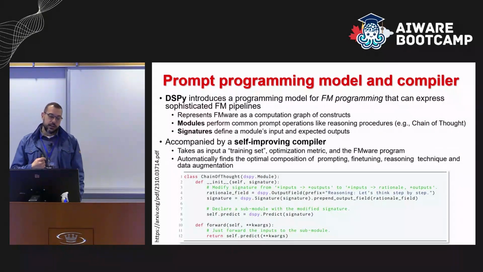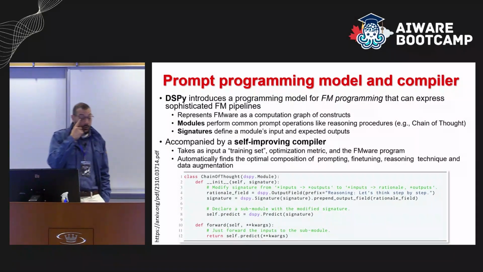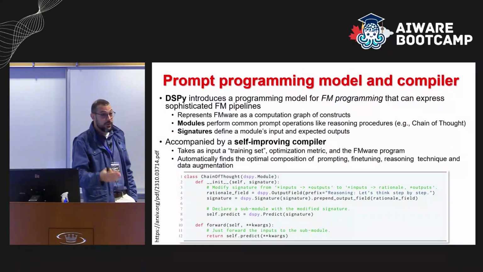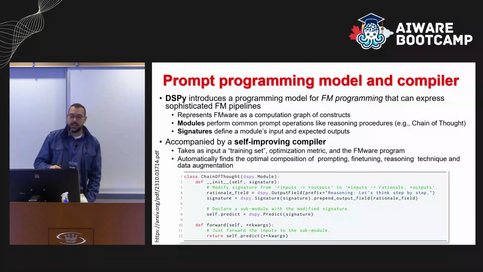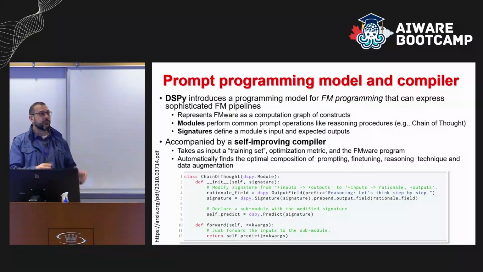More recently, and this is gaining a lot of traction, there is this framework called DSPy, and the interesting thing here is that they not only give you the search algorithm and the mutators of the prompts, but they also propose a programming model where you can define the FMware as a pipeline of operations.